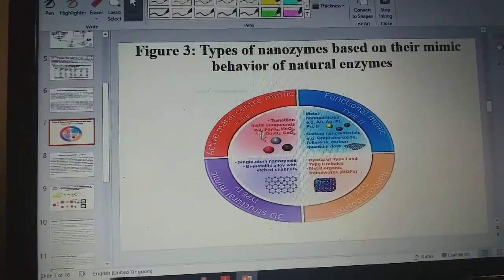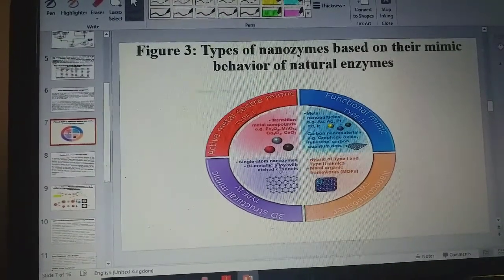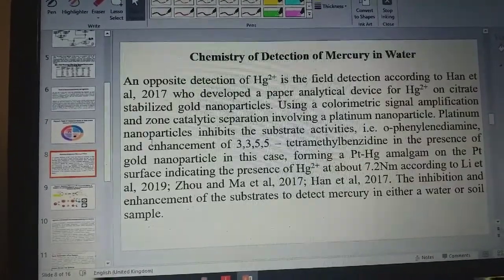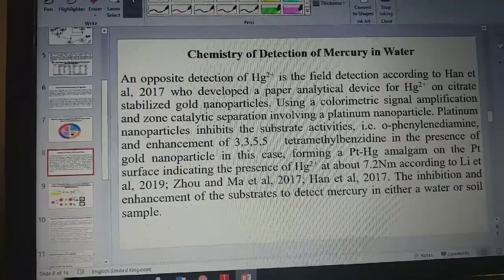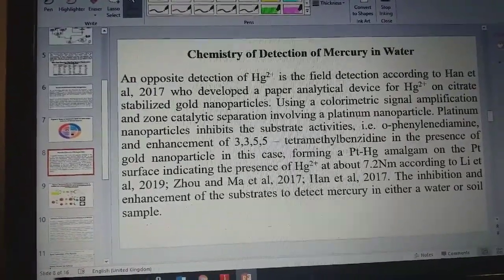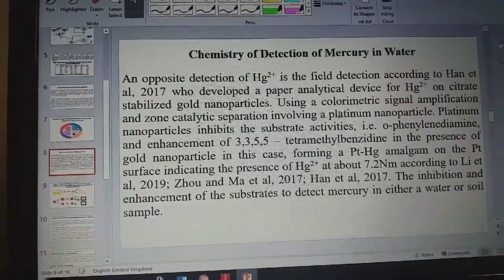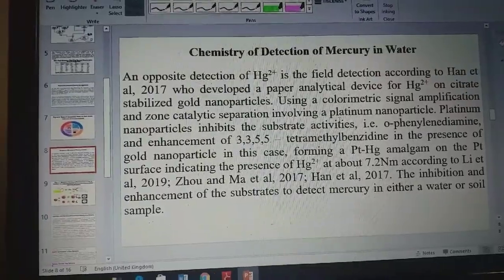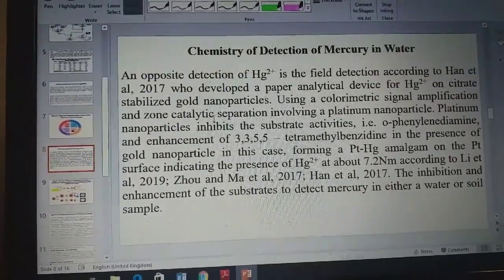They actually act more as substrates, depending on their catalytic activity. For instance, if you want to detect mercury in water, you use a platinum nanoparticle, which is a nanocomposite, acting based on its catalytic activity.